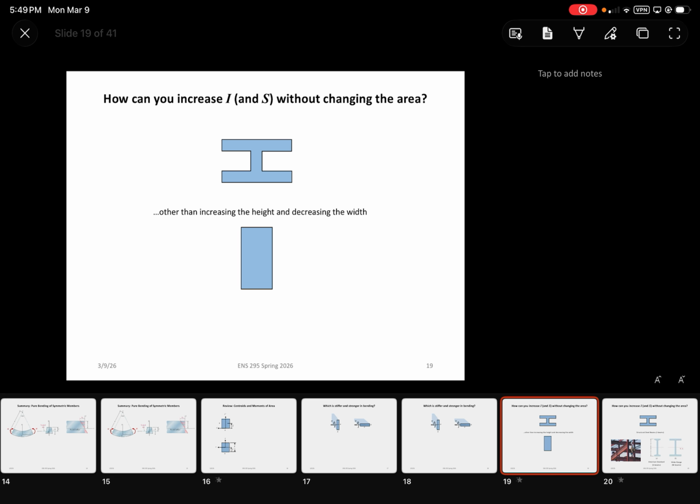The flanges are placed at the top and bottom, which then allow you to carry more of the bending stresses. Because again, when we look at the bending distribution, the maximum bending stresses occur at the top and the bottom. So you have more area at the top and bottom in order to carry those bending stresses. And then that long vertical section there, we'll get into it a little bit later on, is able to carry a lot more of the shear forces that would be imposed on them.